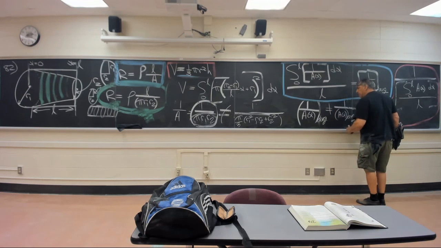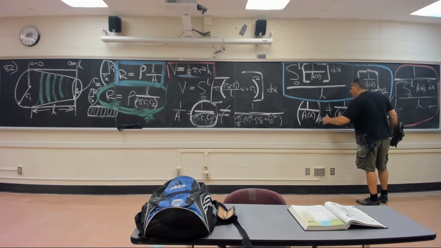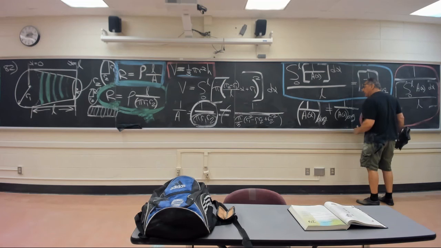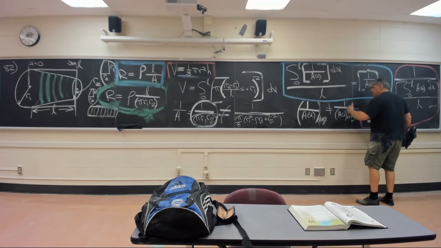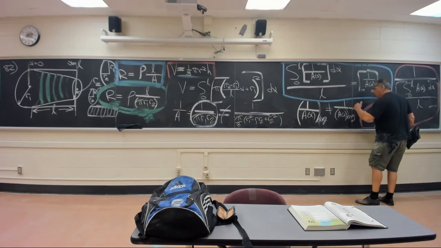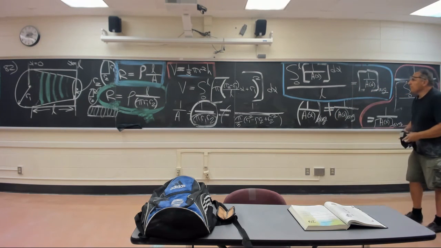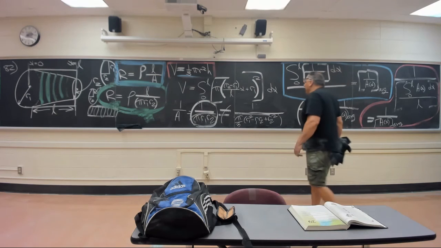It is what it is. We have an answer. And 1 over the average of a of x is another answer. Generally, they're not equal. That's kind of where they're going with that stuff, guys.